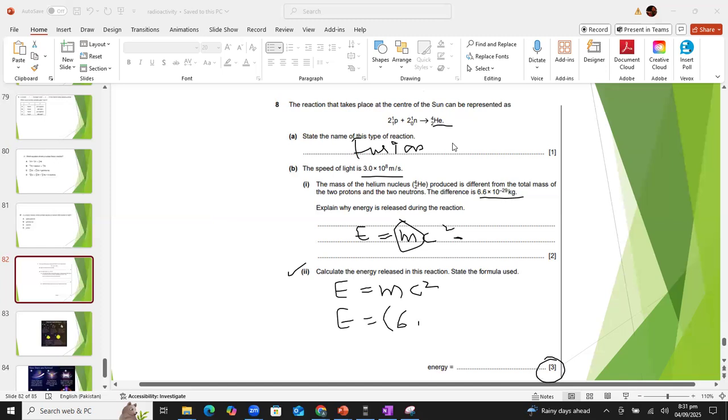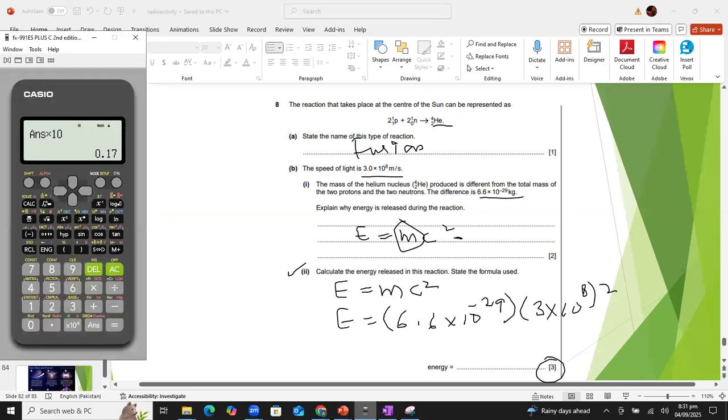Mass is 6.6 into 10 raised to power minus 29. Light speed is 3 into 10 raised to power 8 whole square. So we have to put the values on the calculator, beta, simplify it and we will get the answer. 3 exponential 8 whole square multiply by 6.6 exponential minus 29.